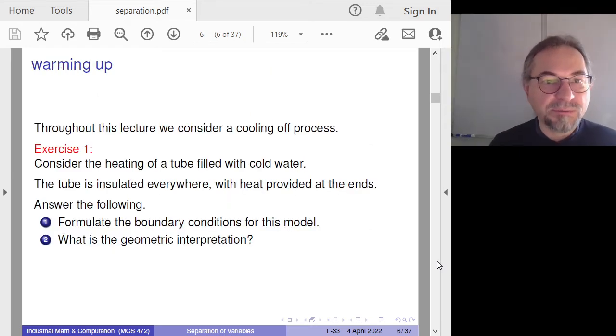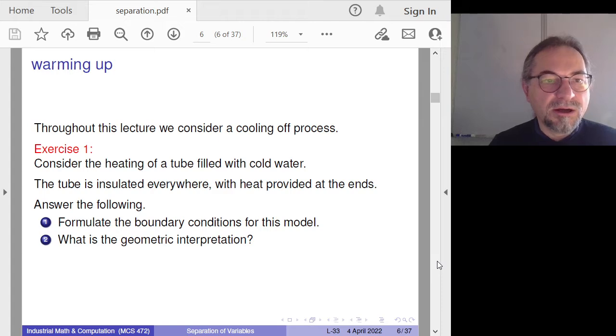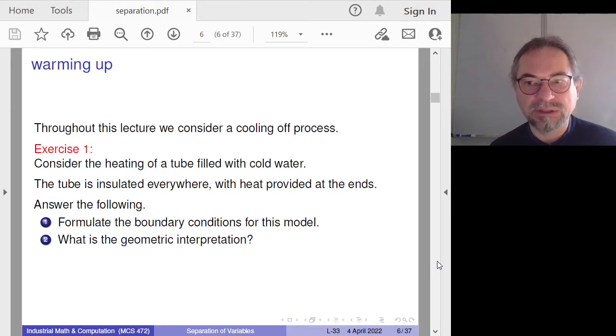Okay, so before we dive in, let us digest the problem a little bit, see if we can modify that a little bit. Here, throughout the lecture, we start with the cooling off process. The opposite process is, of course, warming up. We could consider heating a tube. So the tube is insulated, filled with cold water.